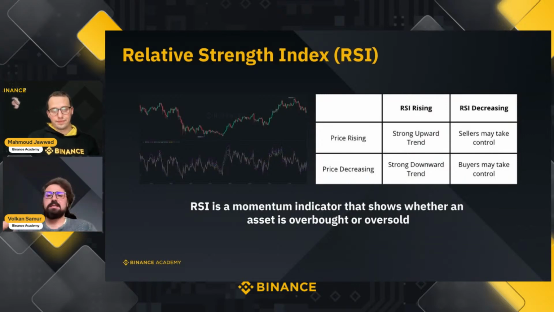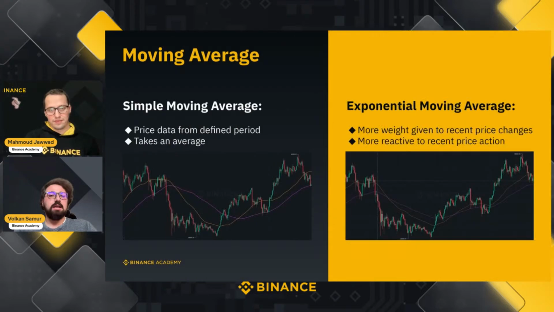This does not mean it's fixed. An RSI can go even up to 100, and it still does not mean that the price very soon needs to decline. It's just a momentum indicator, so take it with a grain of salt. Like any technical indicator, these are just helpful tools, but it does not mean something needs to happen just because an indicator displays in one direction. So that's the RSI, the relative strength index.